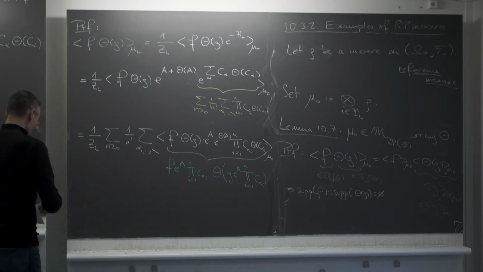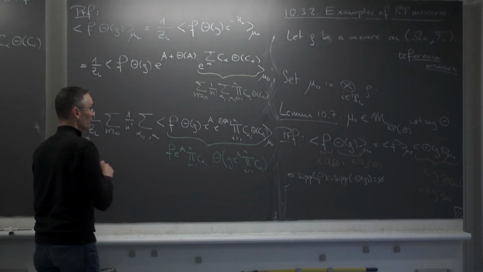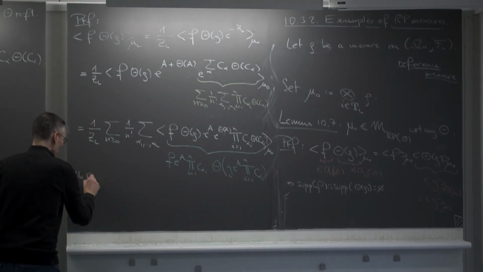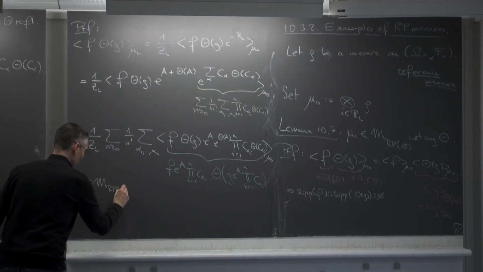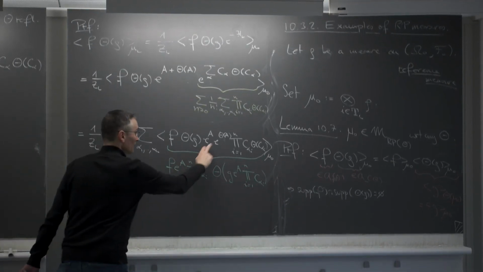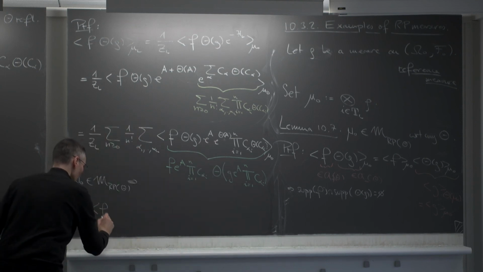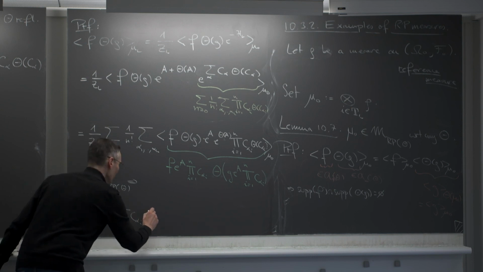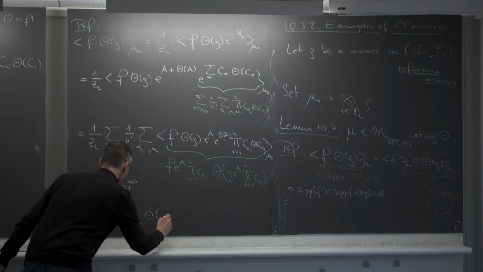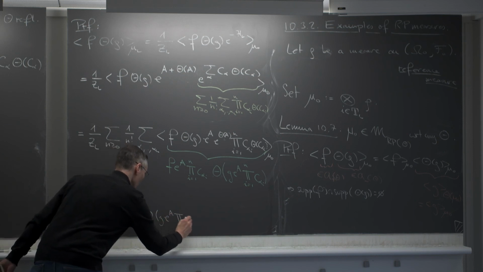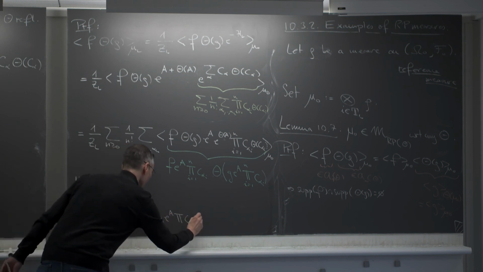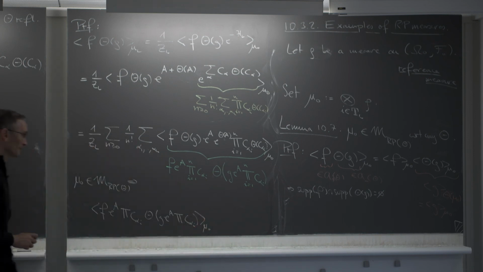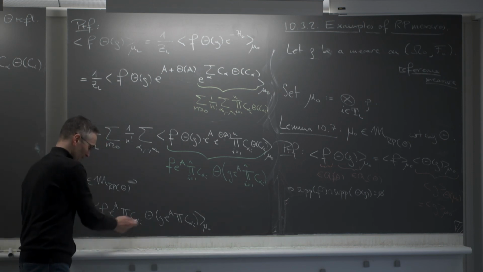But now you can use the fact that mu 0 is reflection positive. So mu 0 belongs to M RP of theta. This implies that this expectation, which is here, the expectation of f e to the a, product of C alpha i, theta of g e to the a, product of C alpha i, is invariant if I move the theta onto the other function.